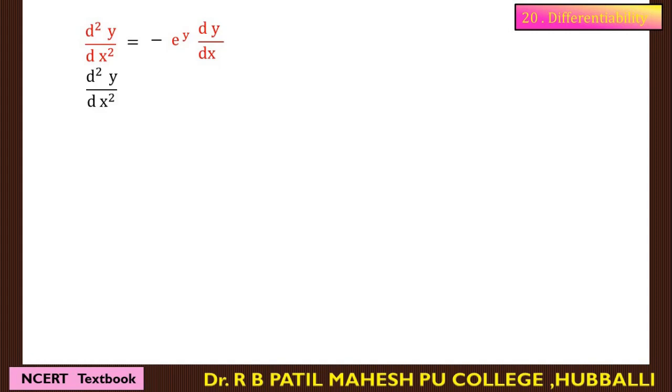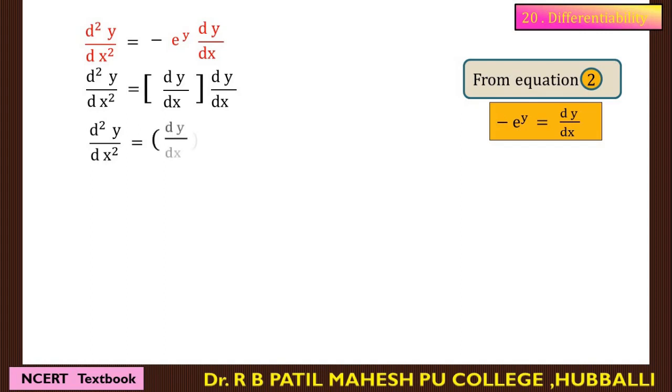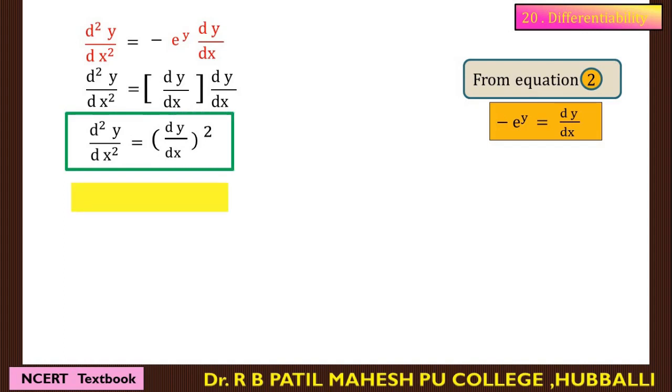So in the next step, d square y by dx square is equal to minus e raised to y, which is nothing but, from equation 2, the dy by dx function. So substituting that, you will get dy by dx into dy by dx. So what we get on the right side is dy by dx into dy by dx, which means dy by dx whole square. So this is the proof of the example. Hence proved.